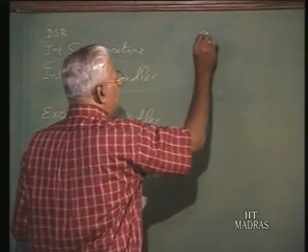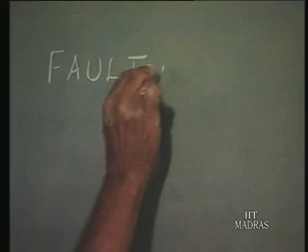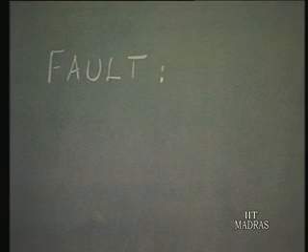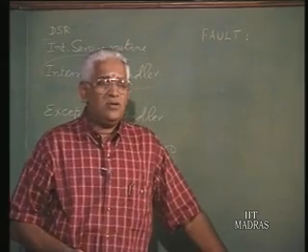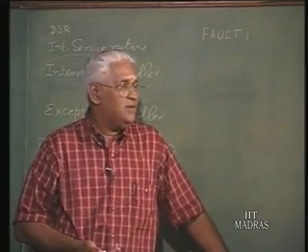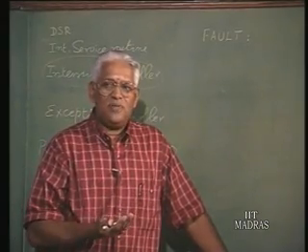Now, there are essentially three types we can talk about in general. One is a fault. A fault is a processor exception. Now, what is a fault? We had come across this, have we not? A page fault, a segment fault. What is it? The page is not accessible to the processor.